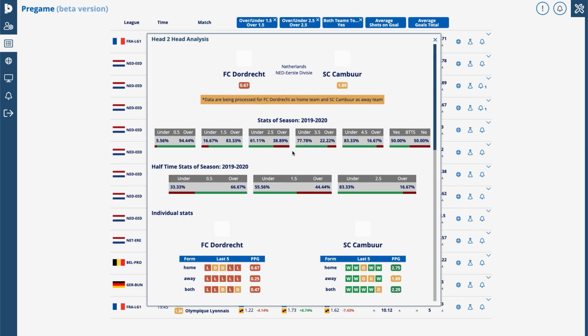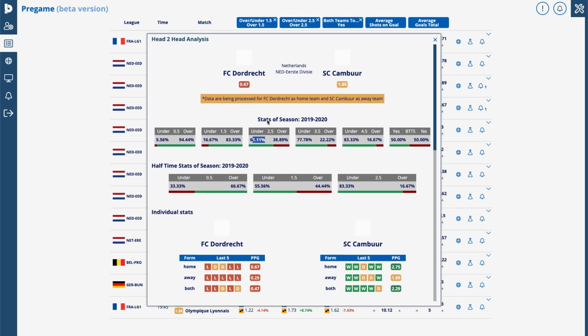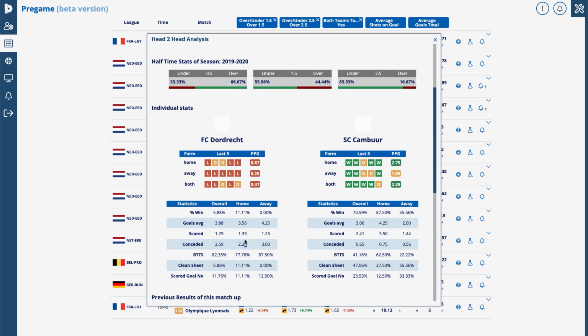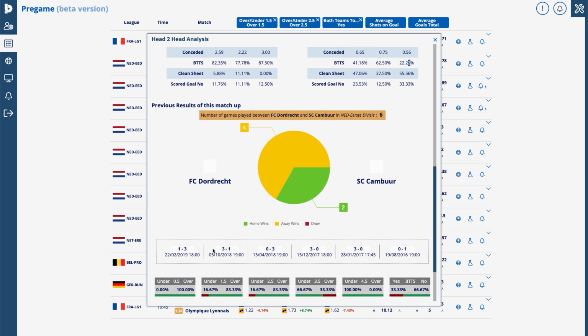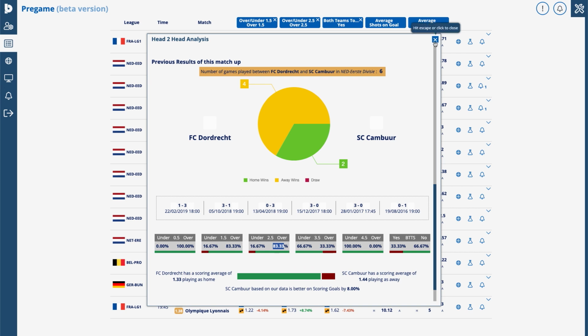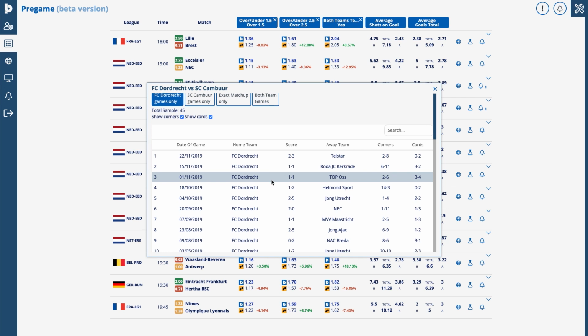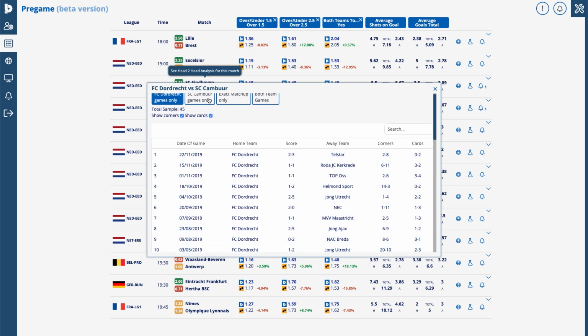Dordrecht, Cambuur. Cambuur has been playing really well. It tends to be under though. Well, at a glance, seems like an easy game for Cambuur. Dordrecht is conceding a lot. This is nice, scoring quite a lot. Okay, it's definitely an over game here. Okay, let's see. 1, 2, 3, 4, 5.